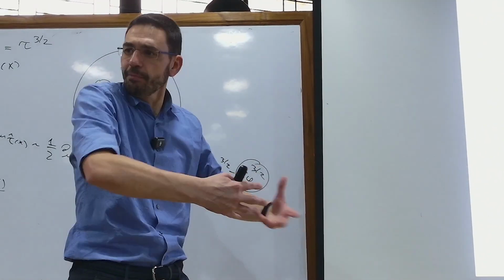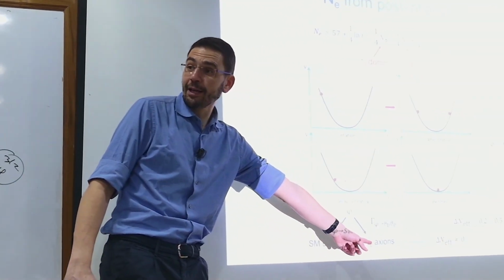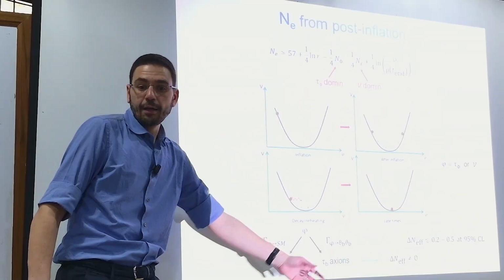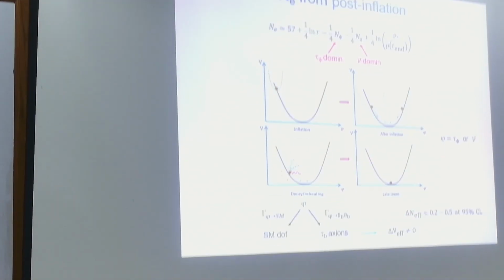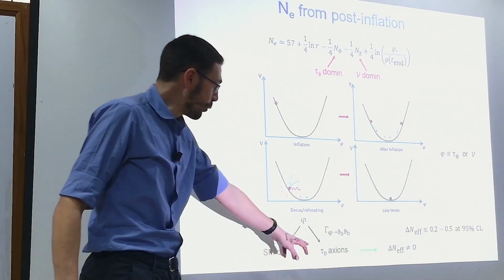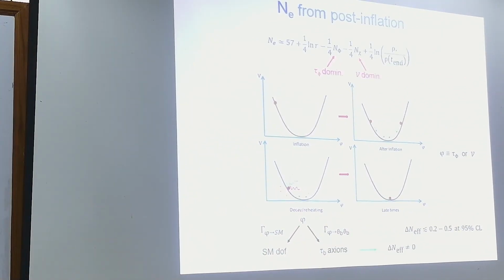They are produced as relativistic at the beginning because they are very light. They just free stream till today. They are still around, and they will contribute to the number of effective neutrinos because they will behave as neutrinos.